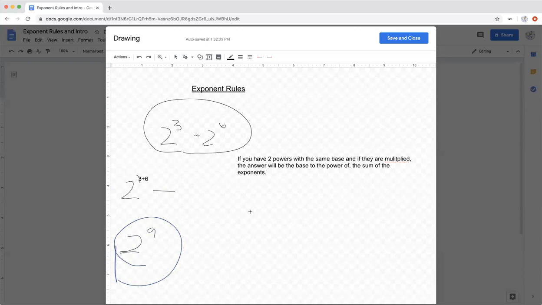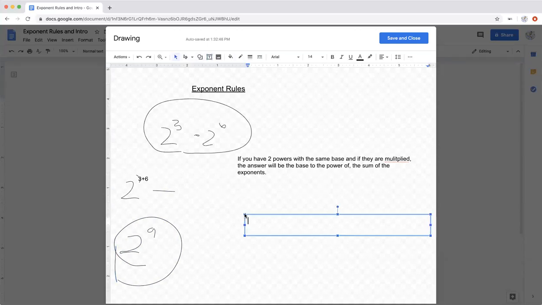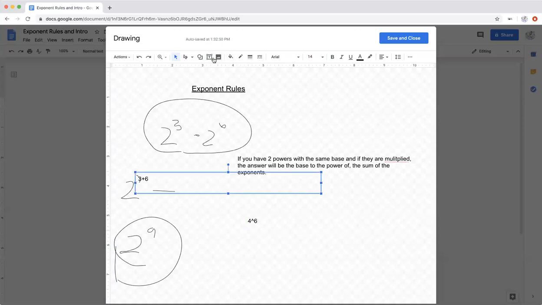Now let me do one more exponent rule, which you can sort of derive from this exponent rule. So if you have two numbers, for example, let me not do 2, 2 is kind of common. 4 to the power of 6, divided by 4 to the power of 3. Let me write the rule down here.